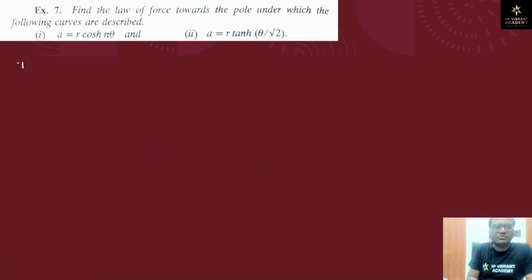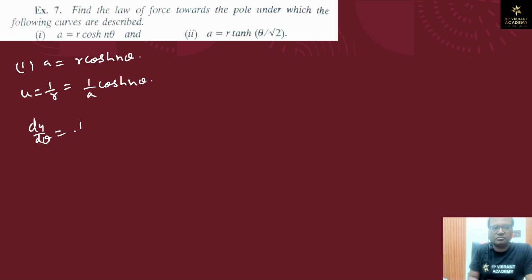So in the first question we have a is equal to r cos hyperbolic n theta. This can be written as 1 upon r is equal to 1 upon a cos hyperbolic n theta. So we have 1 upon r as u, so u is equal to 1 upon a cos hyperbolic n theta. So we have du upon d theta is equal to 1 upon a into n sin hyperbolic n theta.